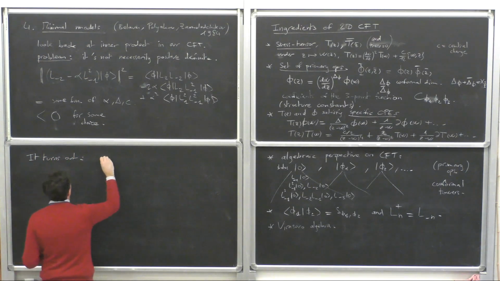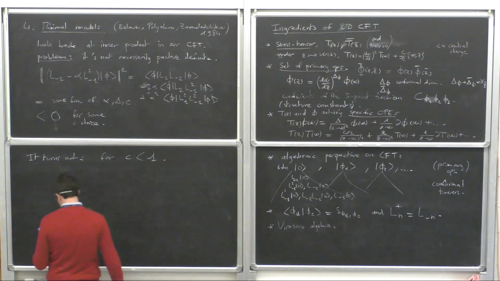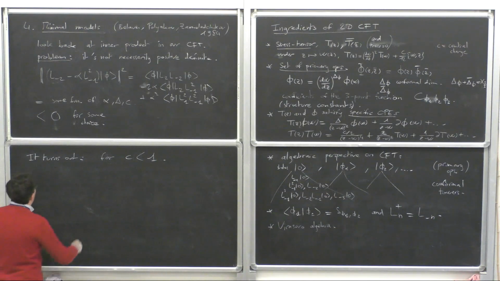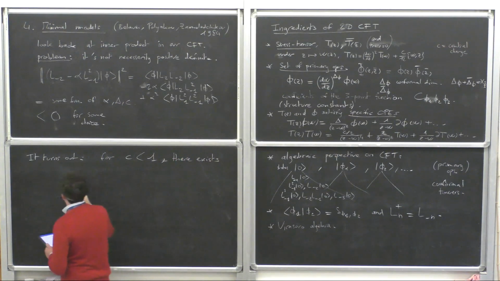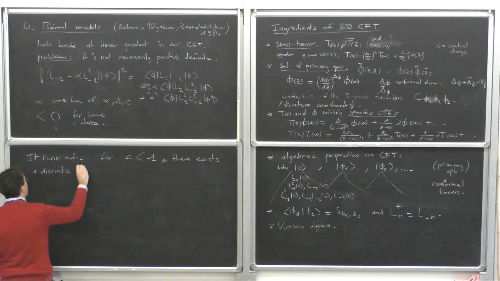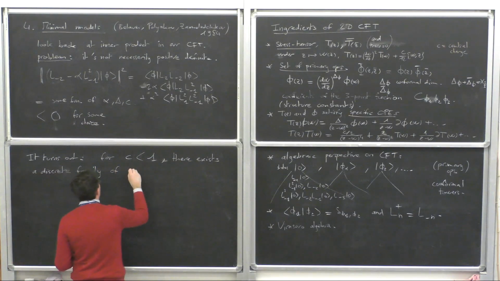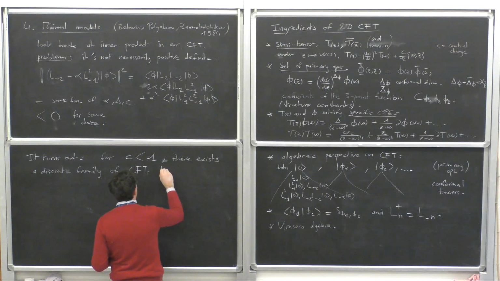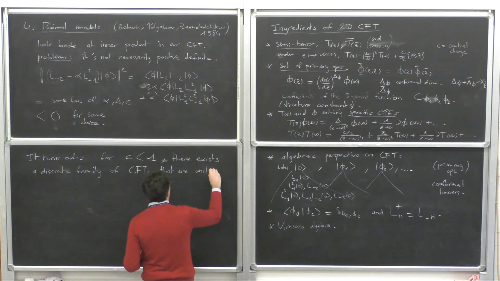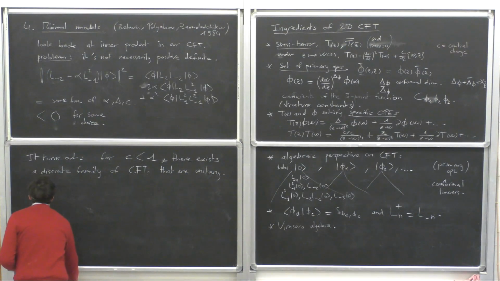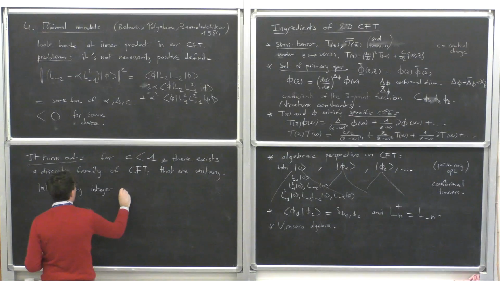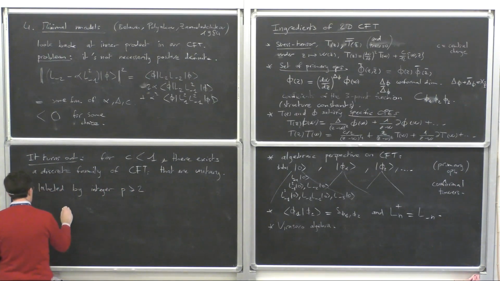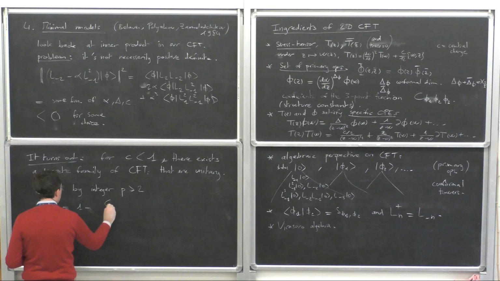and it turns out that if you focus on theories with central charge smaller than 1, there exists a discrete family of conformal field theories that are unitary, so that have a positive definite inner product, and these theories are labeled by an integer p larger than 2, say, and they have a central charge that is given by c = 1 minus 6 over p(p+1).